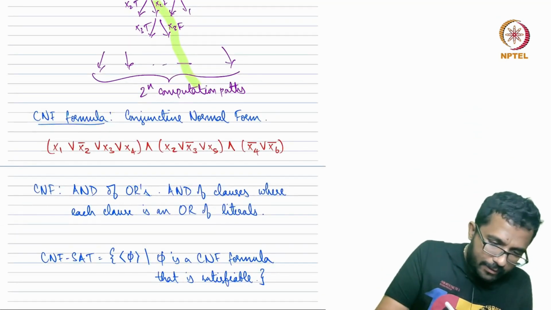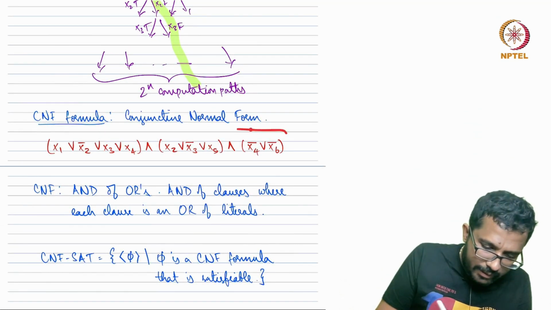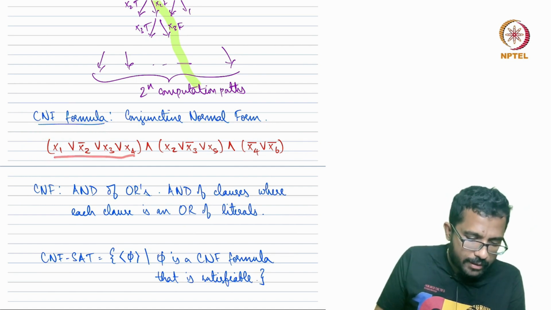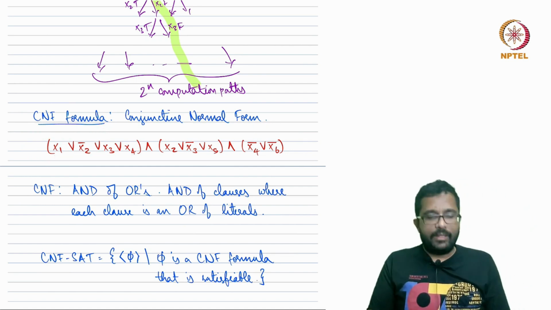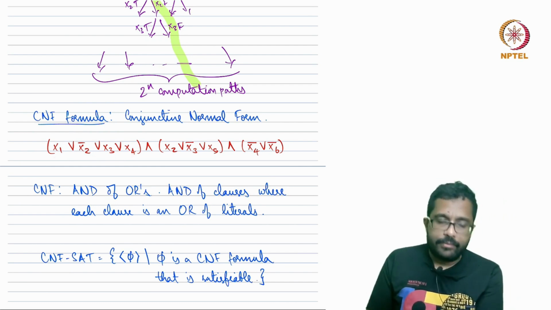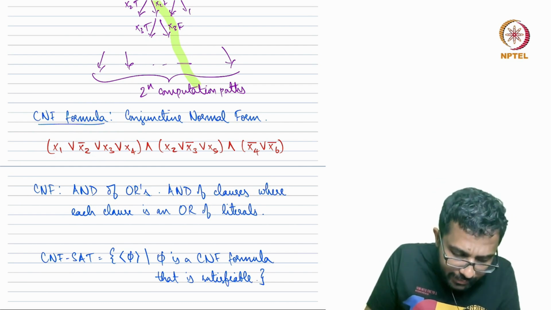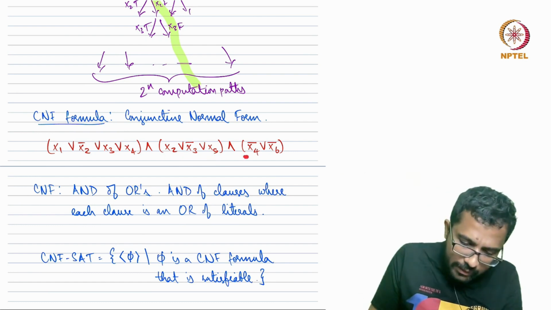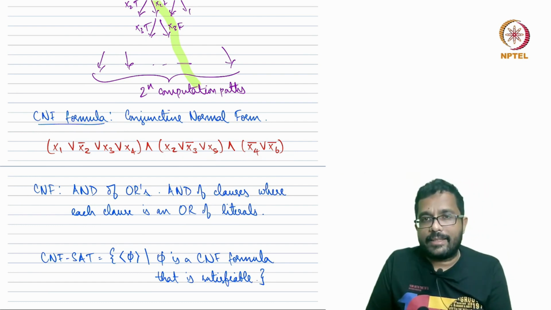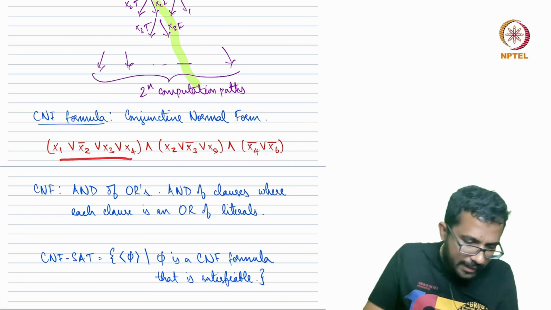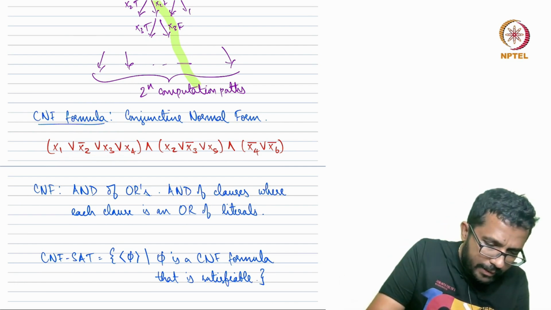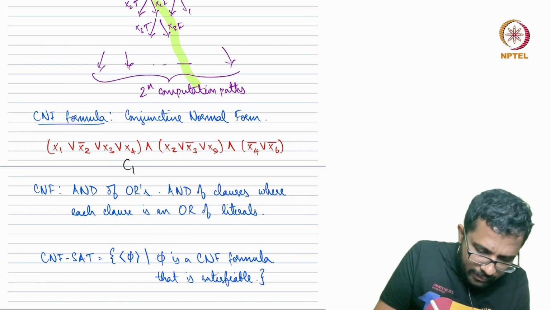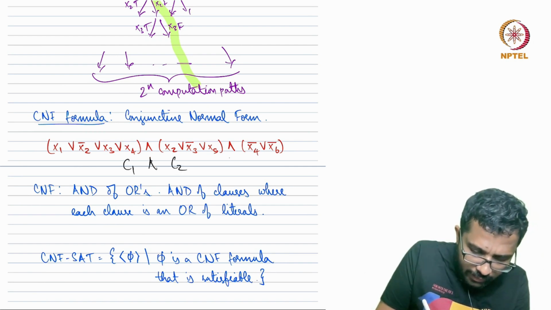Here is another formula in conjunctive normal form, where I have 3 clauses. First clause is x1 or x2 complement or x3 or x4. Second clause is x2 or x3 complement or x5. Third clause is x4 complement or x6. So the formula can be viewed as C1 and C2 and C3.